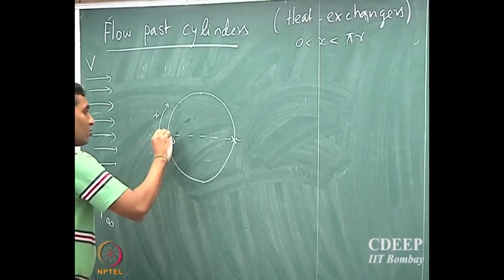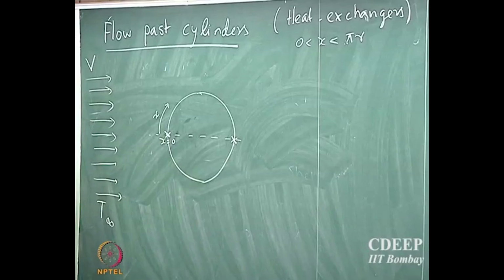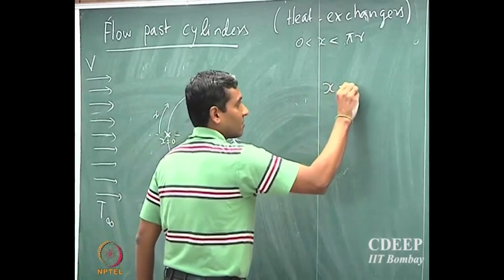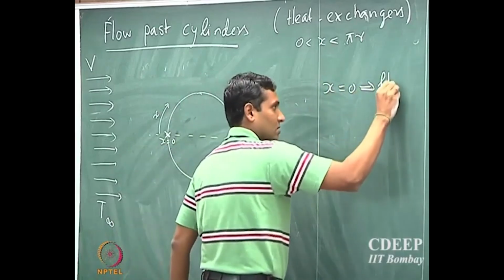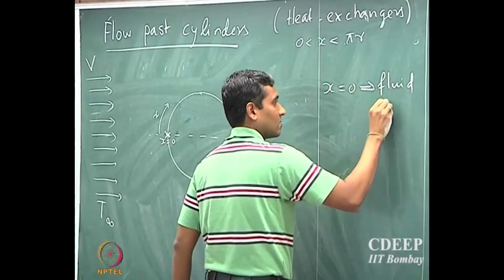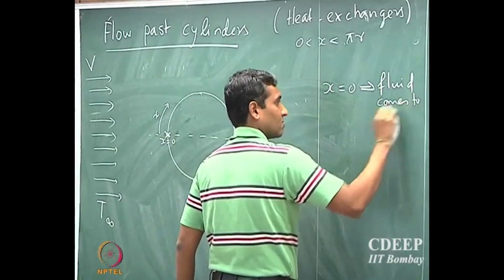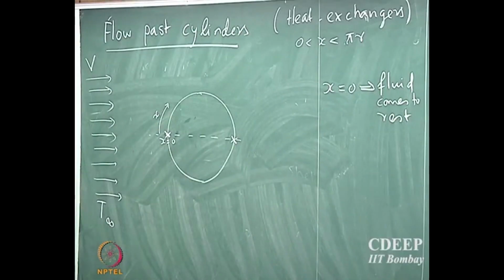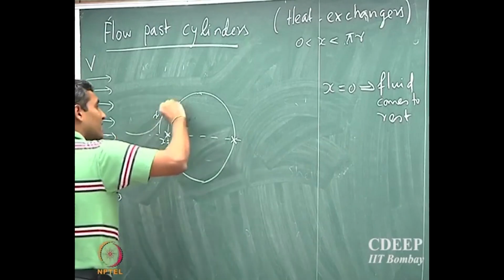And now what will be the velocity of the fluid at x equal to 0? So the fluid actually comes to rest, okay. In fact, if you look at the profiles, you will see that the fluid actually never reaches this position x equal to 0, because they are going past this cylinder.